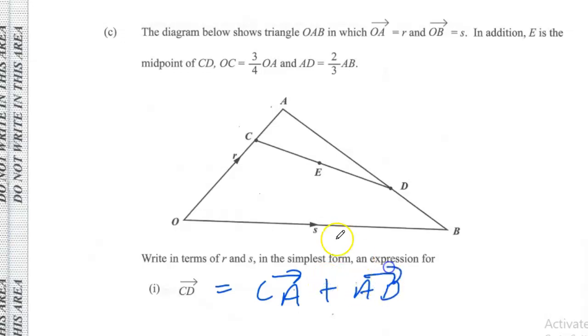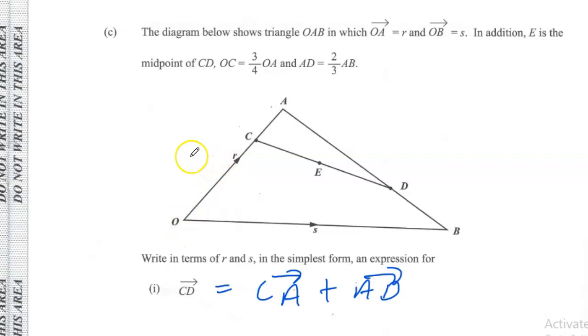Alright, to get from C to D, you can go C to A and then A to D. Now what is CA? We are told that OC is 3/4 of OA.